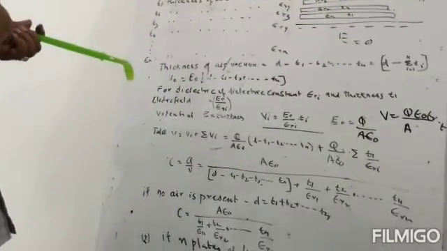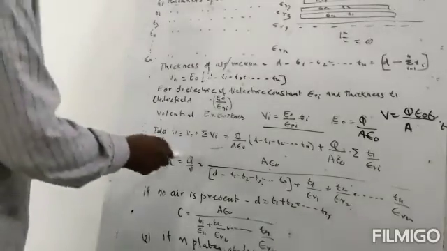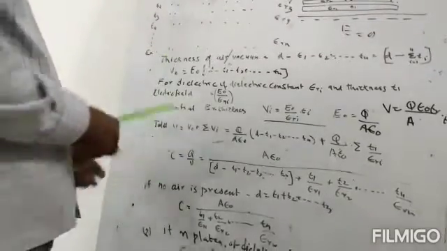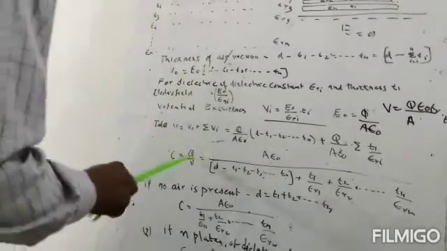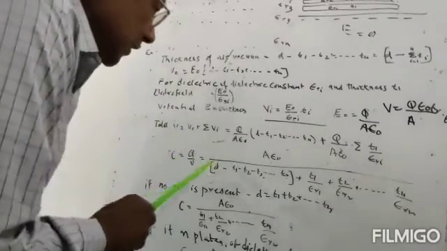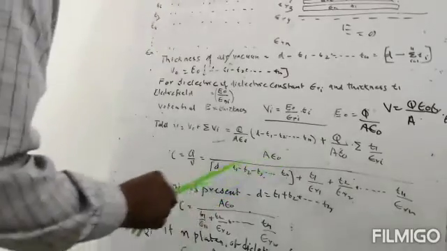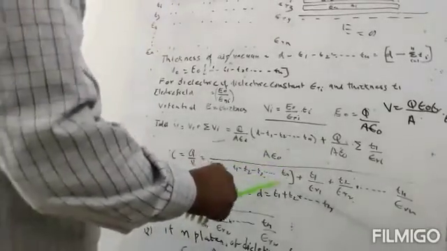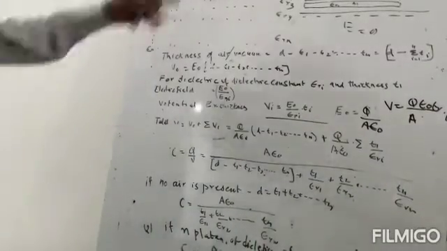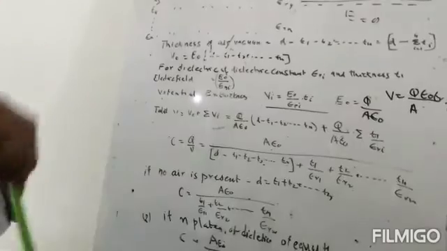So we expand it, and the capacitance will be equal to Q by V. We can divide it and we find the capacitance will be A epsilon 0 divided by D minus T1, T2, T3 and so on, plus T1 by epsilon R1 plus T2 by epsilon R2, T3 by epsilon R3 and so on. So we can get the total capacitance when n dielectric slabs are there.